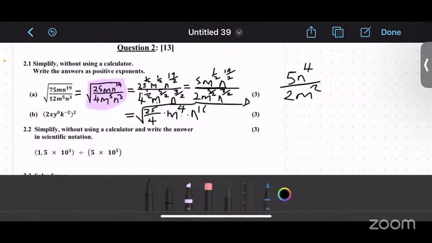Do you guys remember the method I told you about for checking whether your answer is correct when you're simplifying? Ma'am, I forgot. Okay. You pick your variable values. You can make m equal to 2 and n equal to 2.